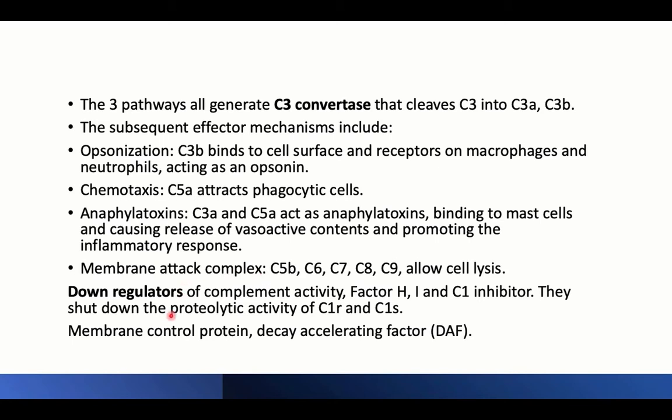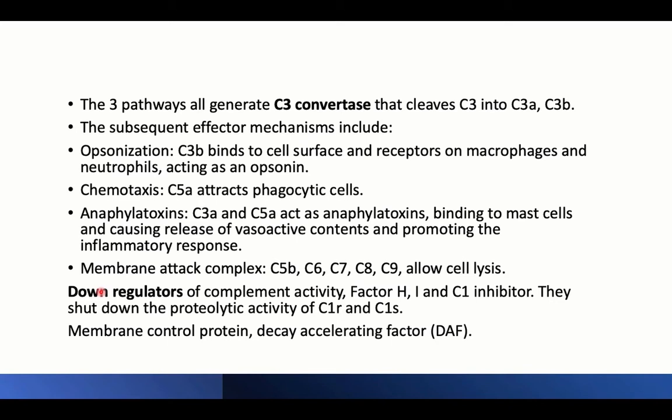It's very important to have down regulators for the complement system, otherwise spontaneous activation of the complement system can give us disease. For example, if you remember in the nephrology chapter, we have atypical hemolytic uremic syndrome and thrombotic thrombocytopenic purpura.